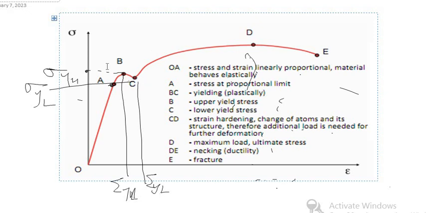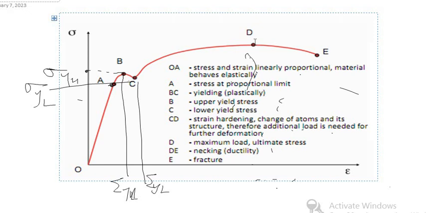And then as the material continues to be loaded, the stress continues increasing until it reaches point D, which is known as the maximum point, the maximum stress the material can offer before fracture.